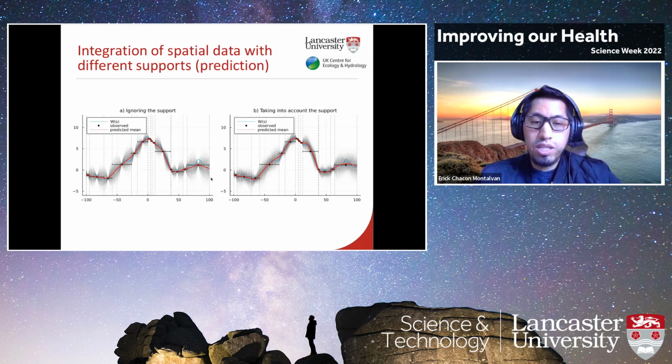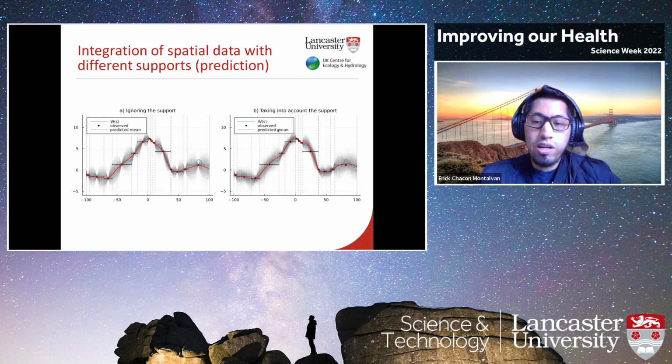The main difference between both approaches is that when you ignore the support, you have drastic changes in the predicted mean. For example, in this place here, because you have one observation, there is this strong change.